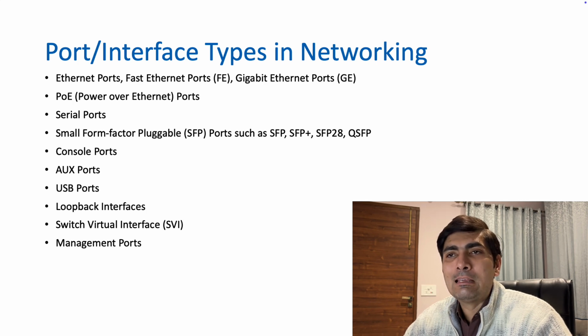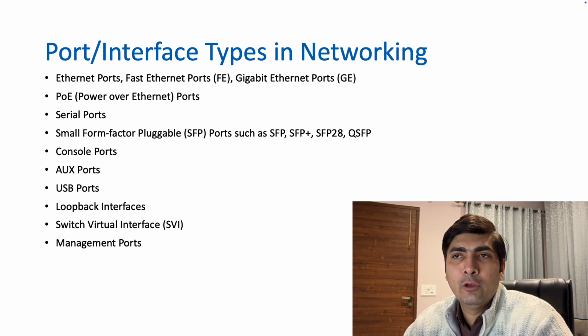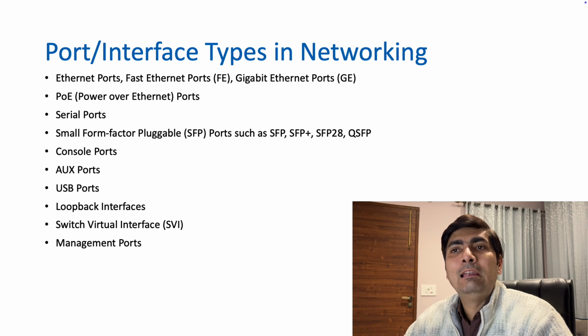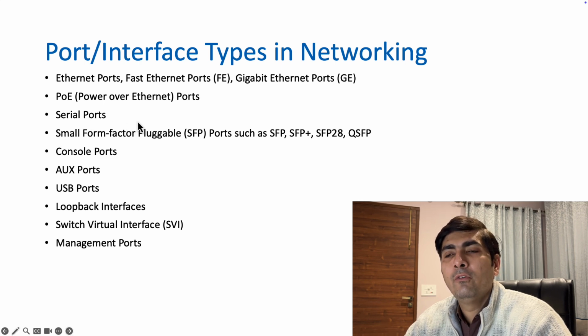T1 was less than that, 1.544 Mbps. STM1 is the link actually, so the port will be known as serial port. The port will allow speed up to 155 Mbps.